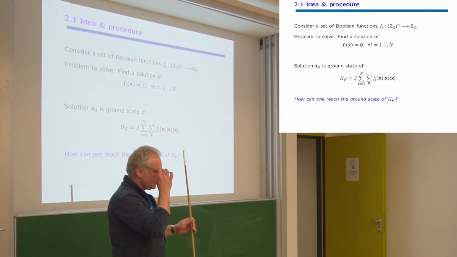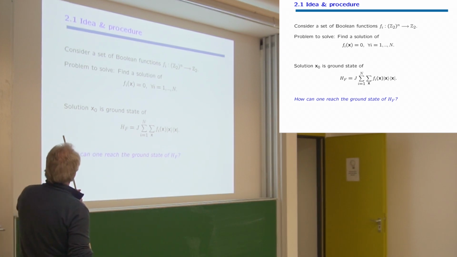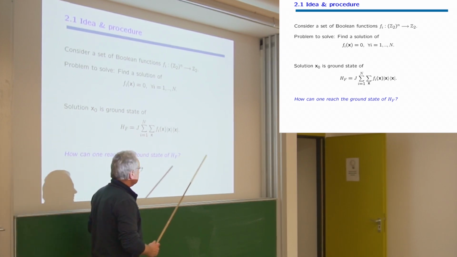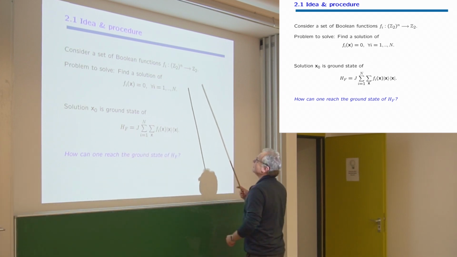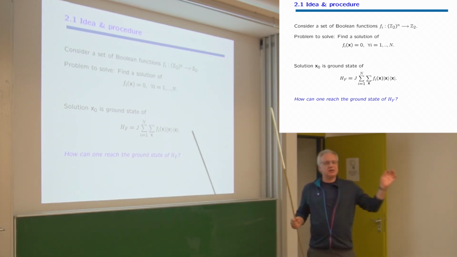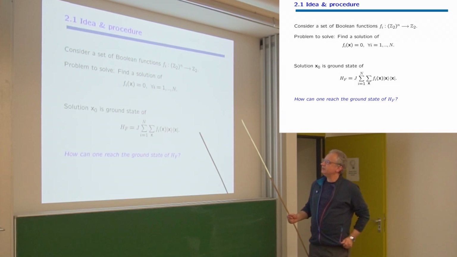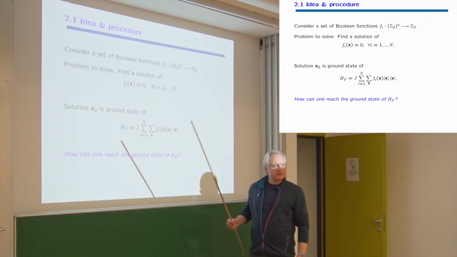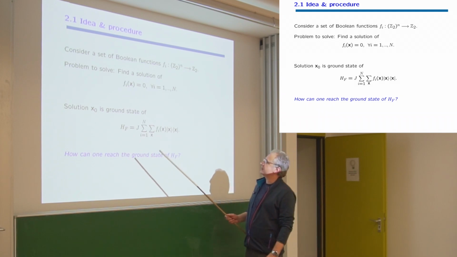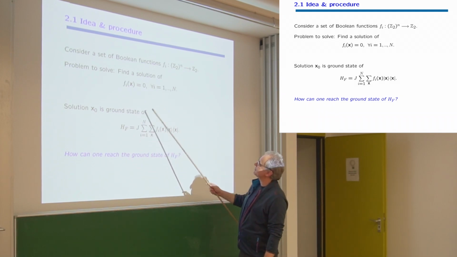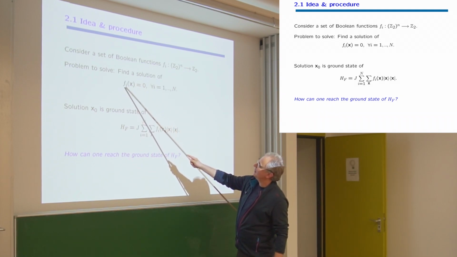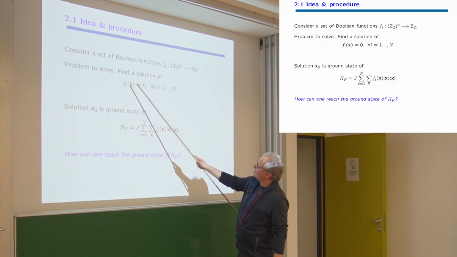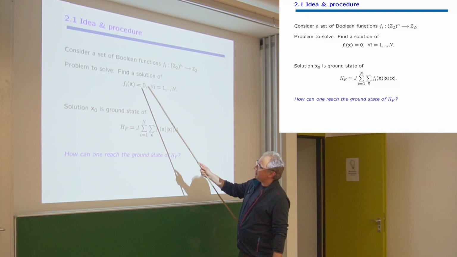Here's how. Consider a set of Boolean functions. They take bit strings into individual bits: n bits of input, 1 bit of output. A number of them. And now we set up a system of equations. For every one of these functions, we say that this function applied to some n-bit bit string is supposed to evaluate to 0.